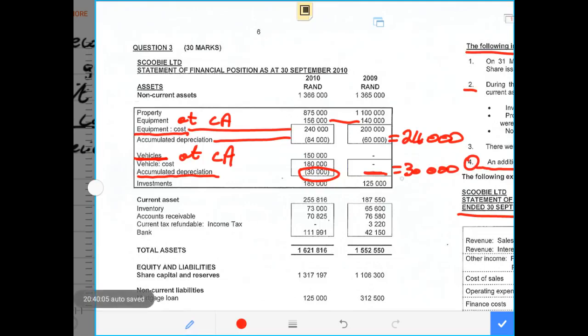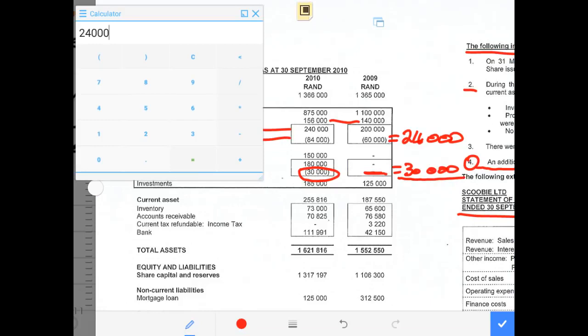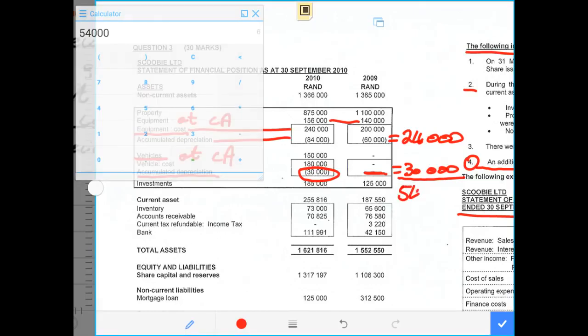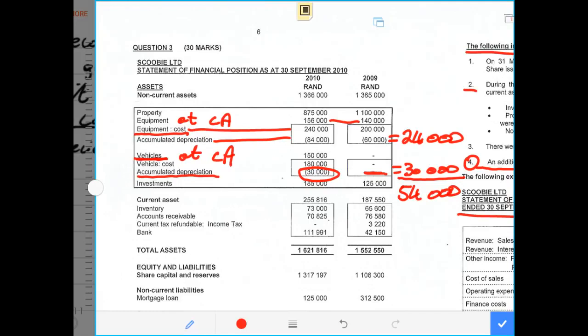Depreciation total will be 24,000 rands and 30,000 rands. And if we add the two, 24,000 rands plus 30,000 rands will give us 54,000 rands as the total depreciation for equipment and for vehicles.